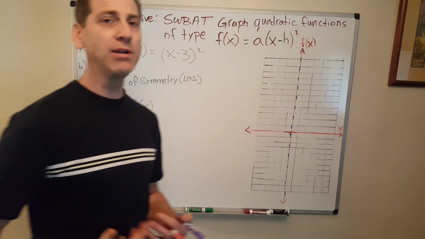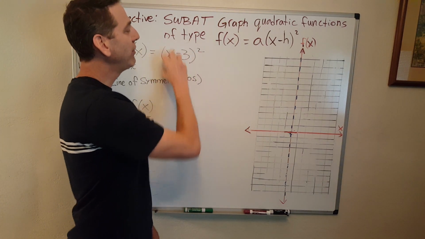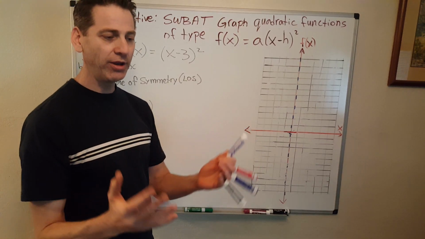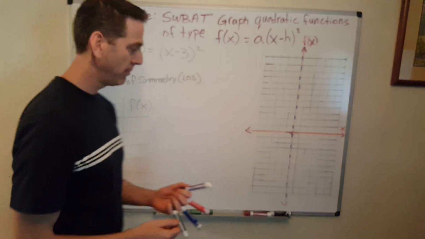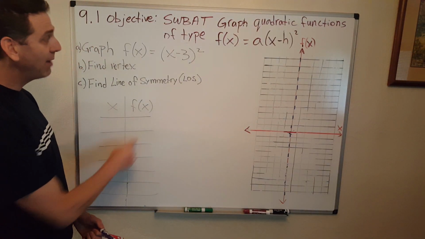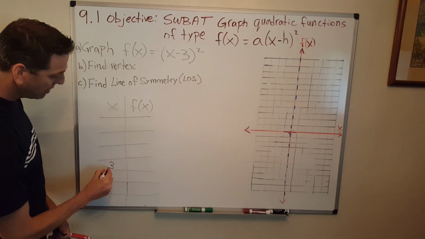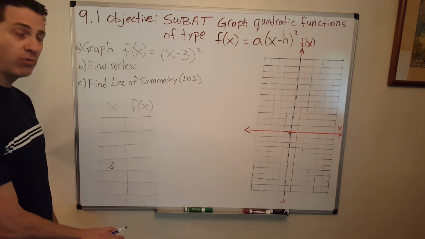So we're looking for an x value that will make this part of the function equal to 0, because that's going to represent our vertex, which is right in the middle of our parabola. So instead of putting a 0 here, I'm going to put a 3.